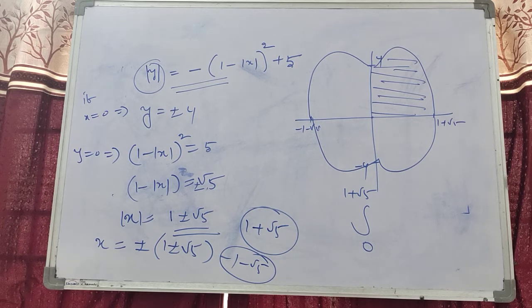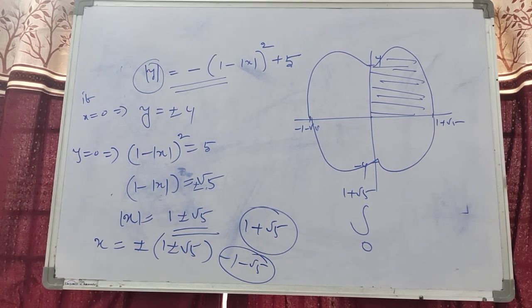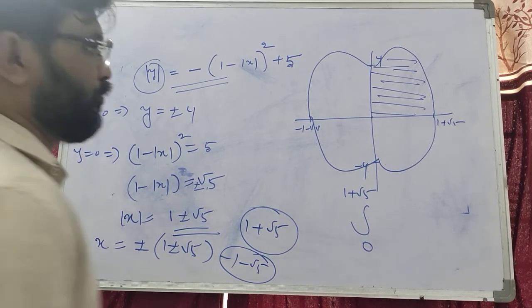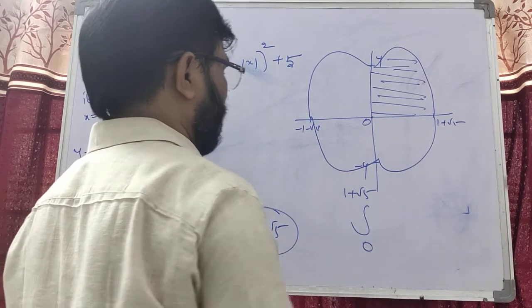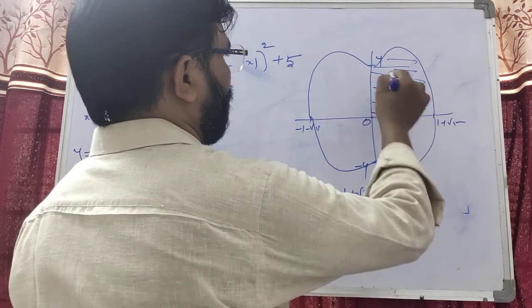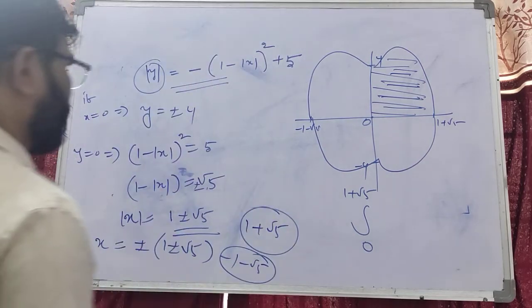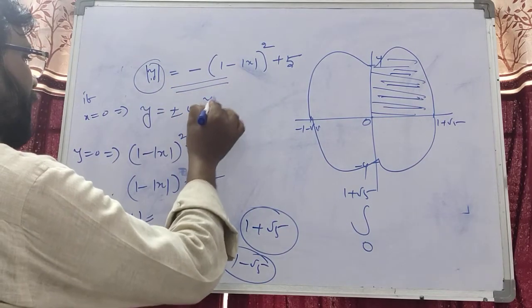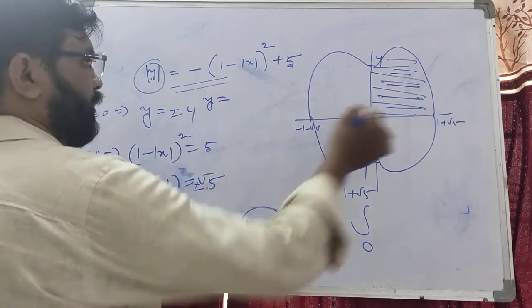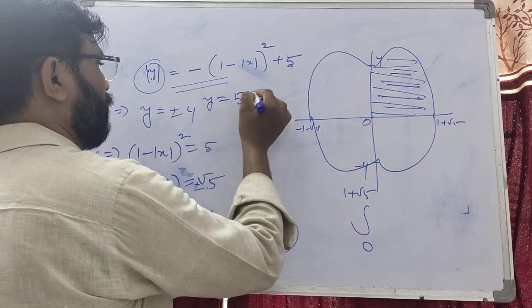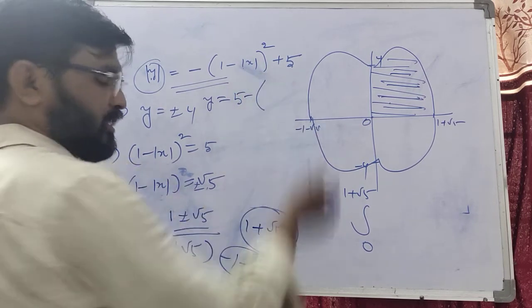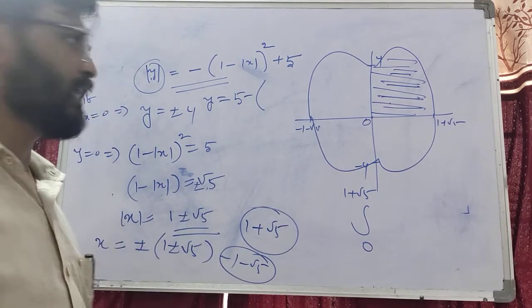Therefore, dear students, we have to first find this area, that is 0 to 1 plus root 5. Therefore, in this region, y positive, x positive. The mod y will become y. Okay, students? In this region, mod y is y, positive. In the first quadrant, mod x is x.